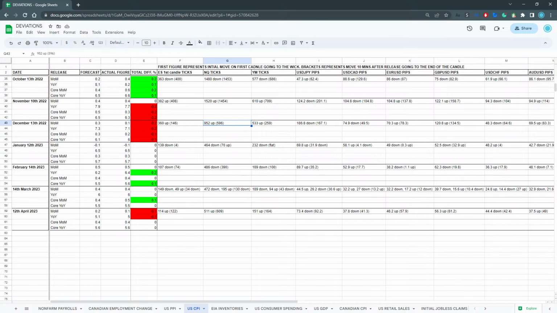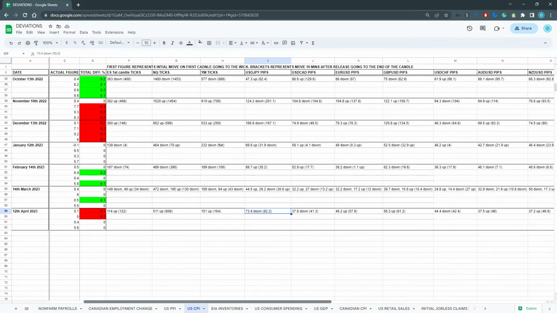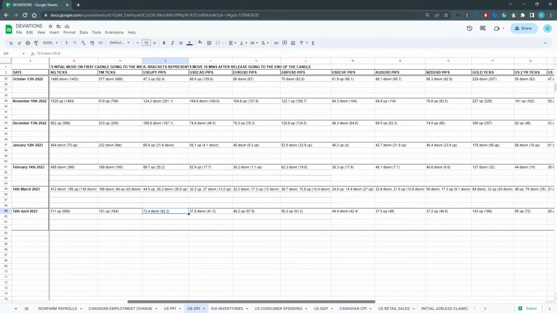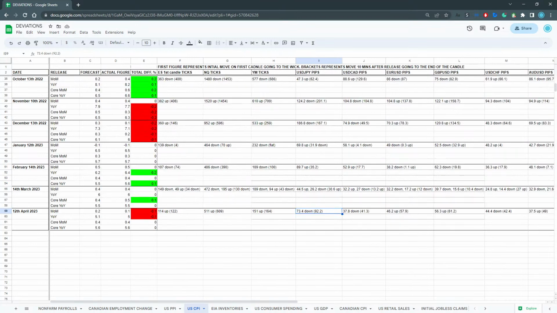Of course, if data is higher than expected, then you'd expect the dollar to see an appreciation and vice versa. The biggest currency mover we'd seen here and in the past has always been the dollar yen. And if we're looking at the bonds, it's always the rate sensitive 2-year bond that has the biggest market reaction. So we've got about a minute left. Hopefully that makes sense for everybody.